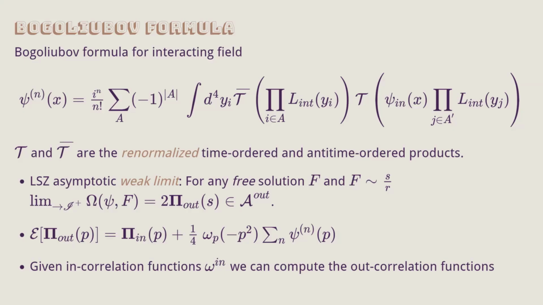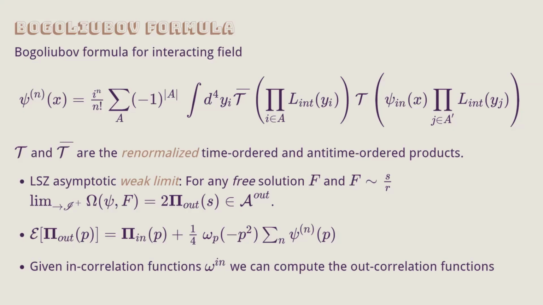So this is an assumption. I'm going to assume the same thing that LSZ do. Suppose you take a free solution, capital F, and in Minkowski spacetime it will fall off as 1 over R if it's a massless field. You can also do this with massive fields, but I'm just showing the massless field case. You smear your interacting operator with a free field solution using the symplectic form, capital Omega.